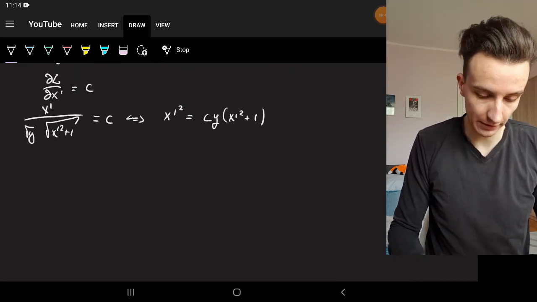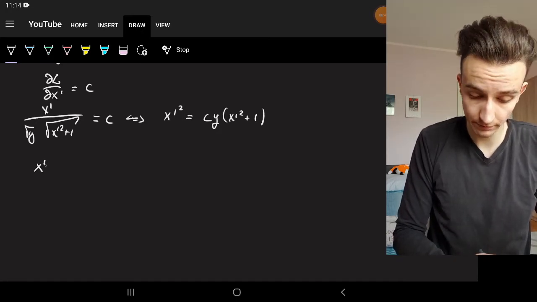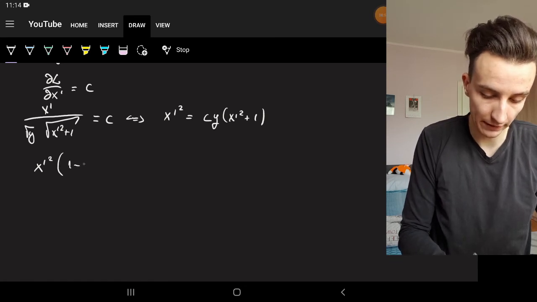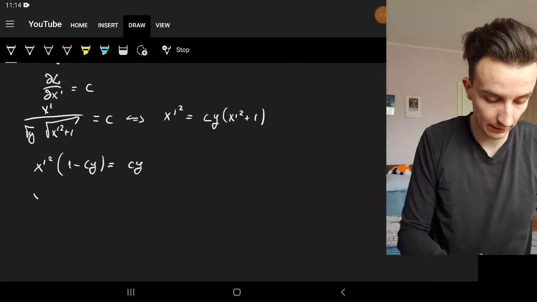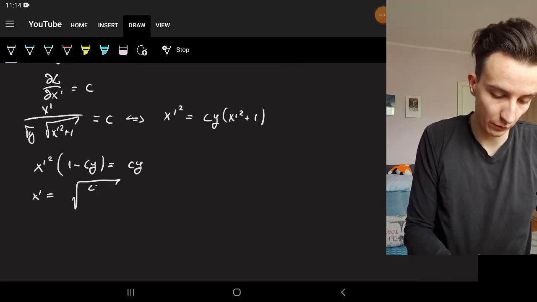We can express with respect to x prime squared. 1 minus cy equals cy, and x prime is the square root of cy over 1 minus cy. There we go.